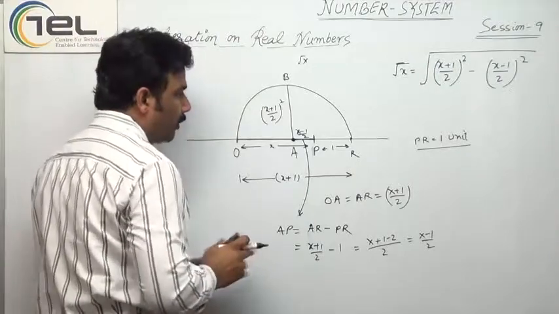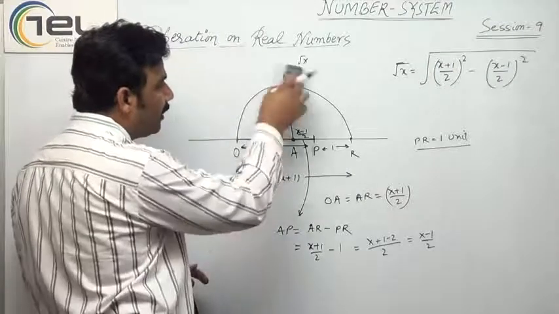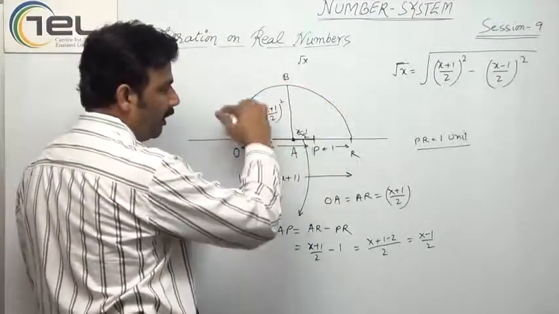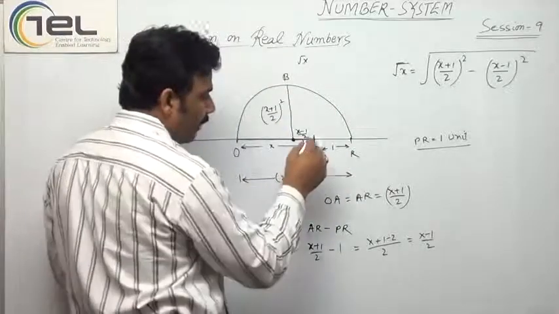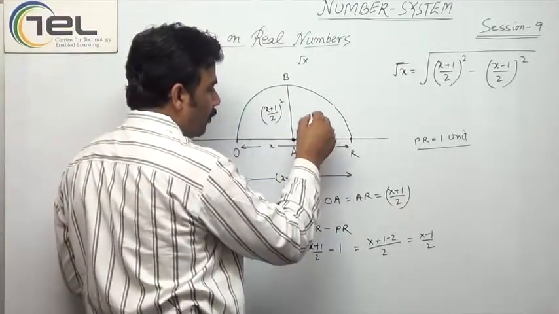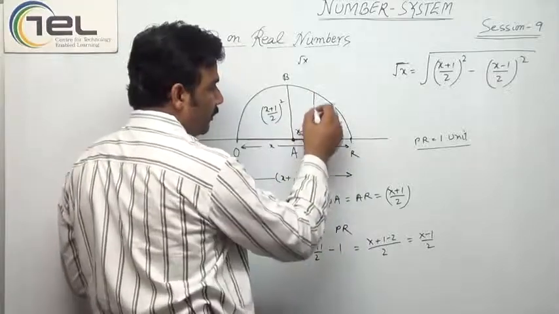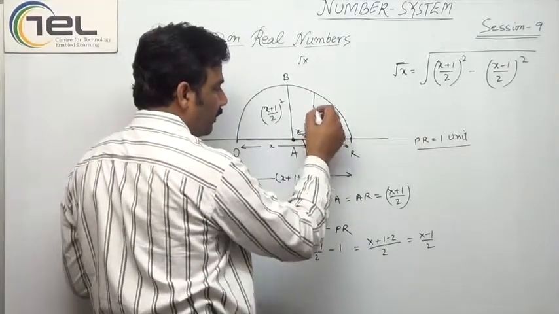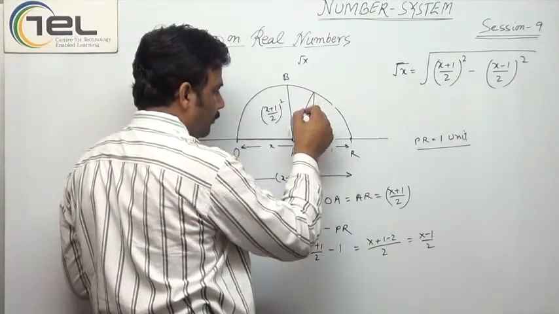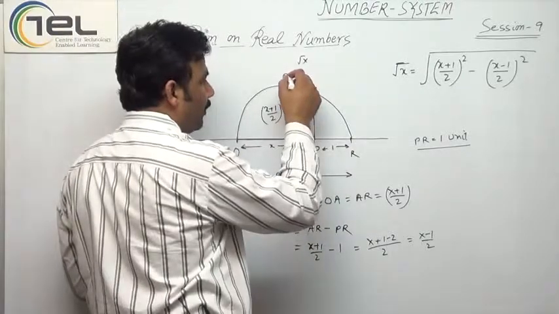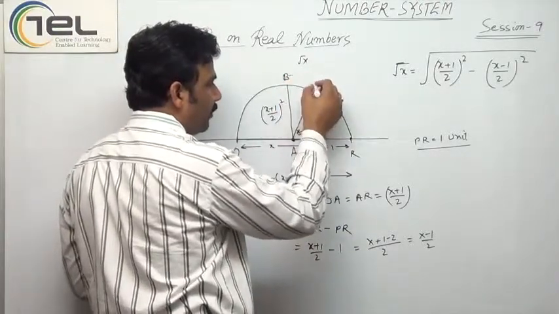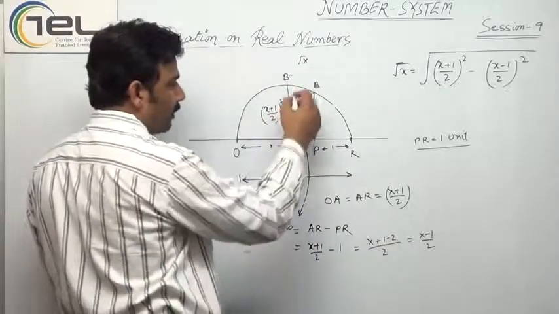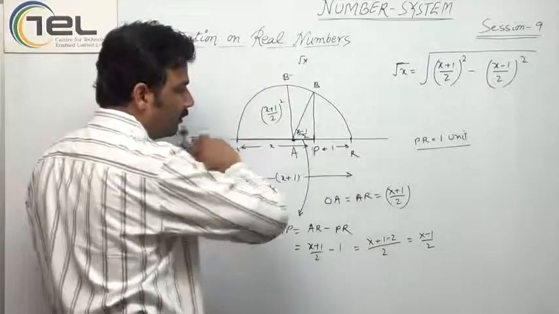Moreover, since B can shift from anywhere, I just draw this line, and this line, and I will join this one. I just shifted B here, this is also B, because this is a radius of this semicircle.